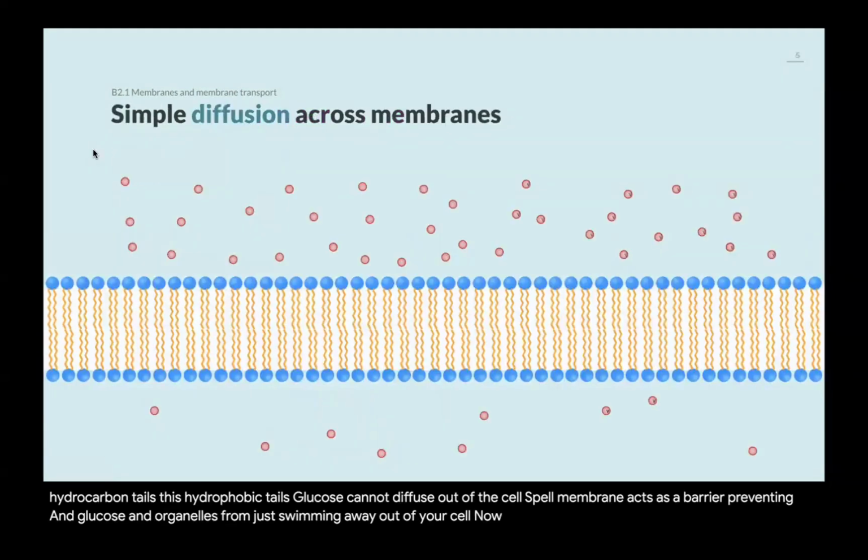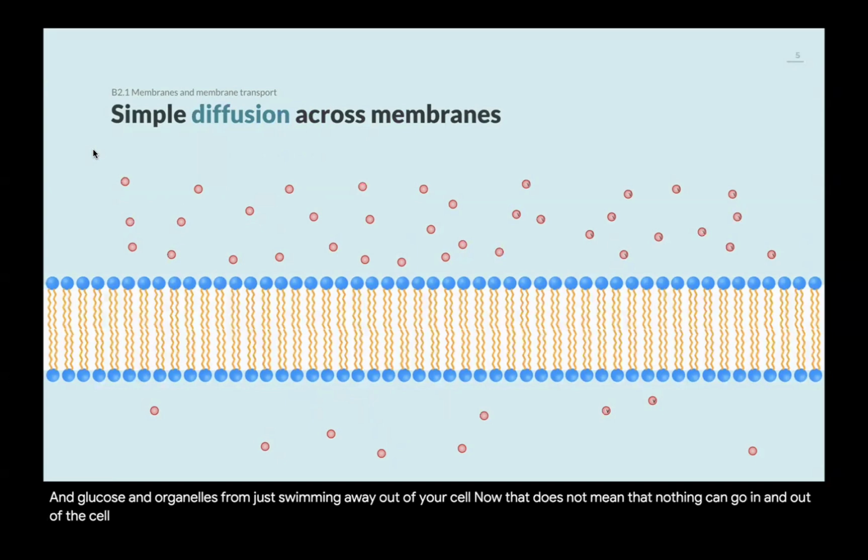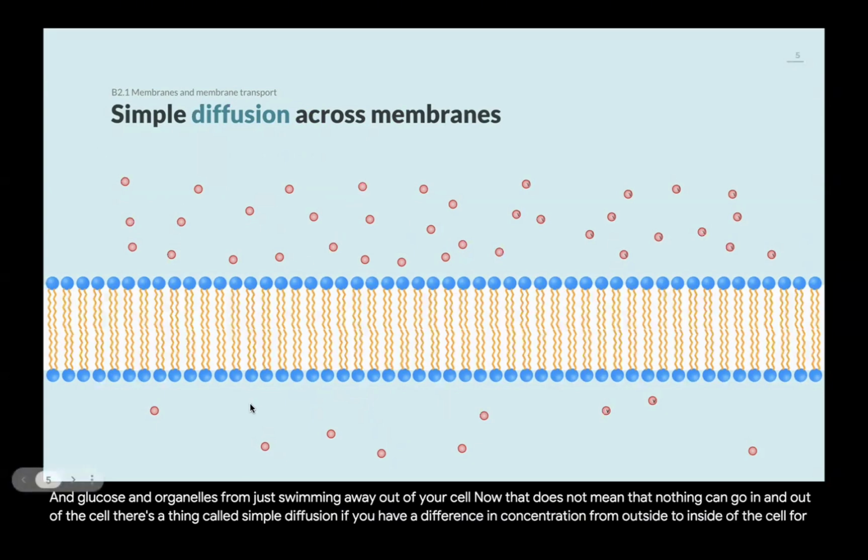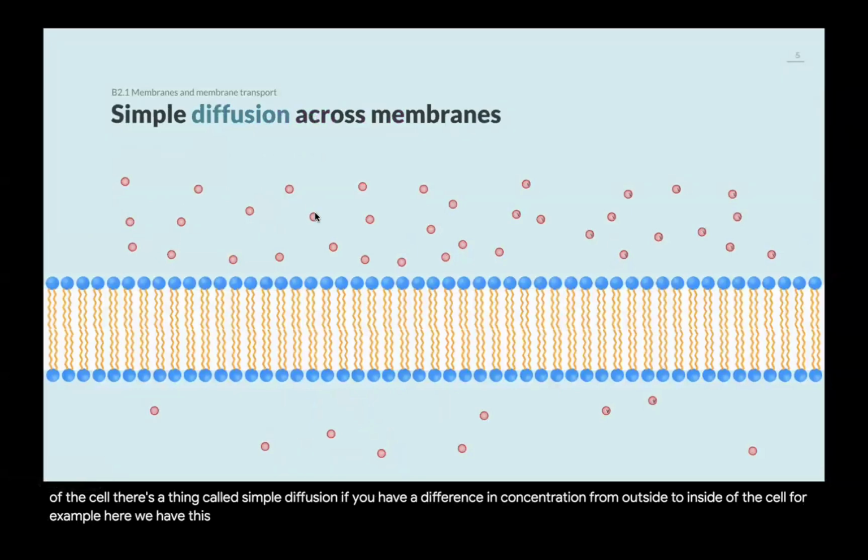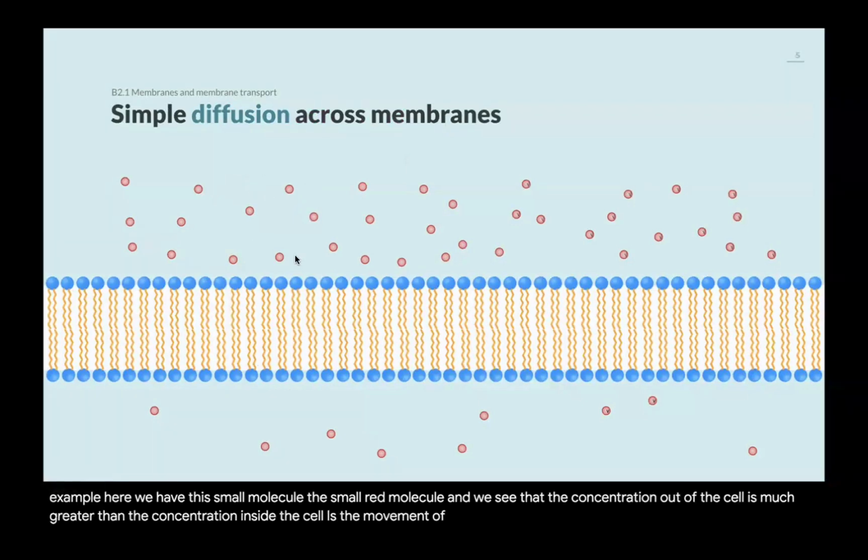Now, that does not mean that nothing can go in and out of the cell. There's a thing called simple diffusion. If you have a difference in concentration from outside to inside of the cell, for example, here we have this small red molecule, and we see that the concentration out of the cell is much greater than the concentration inside the cell. Diffusion is the movement of these particles across this membrane.